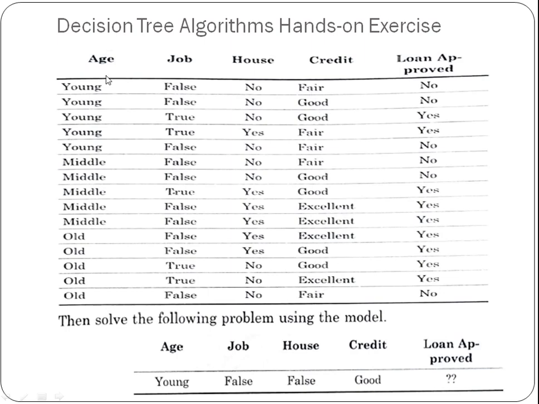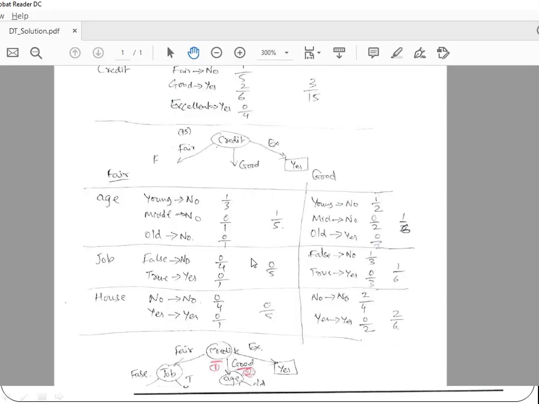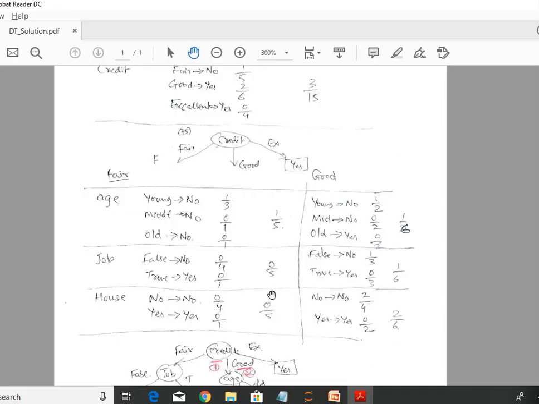So only data pertaining to fair, that is this record and these 3 records and this record, will be assigned to the one branch where it is fair, and wherever the records are good, that is 1, 2, 3, 4, 5, 6, it will be assigned to the branch where it says good. So this will have 5 records, this will have 6, the rest are here.